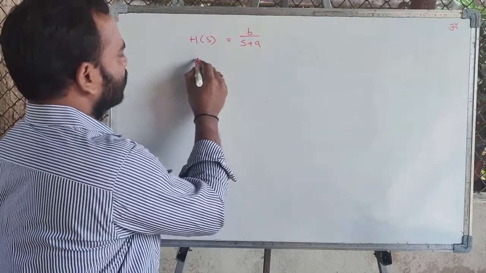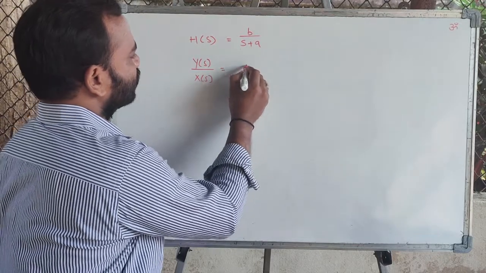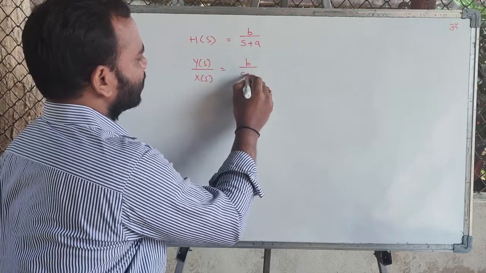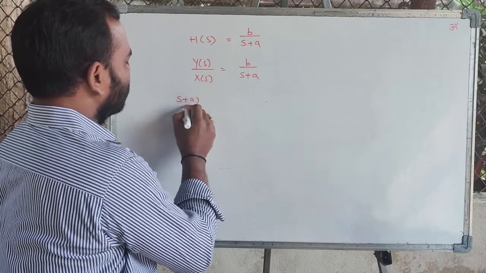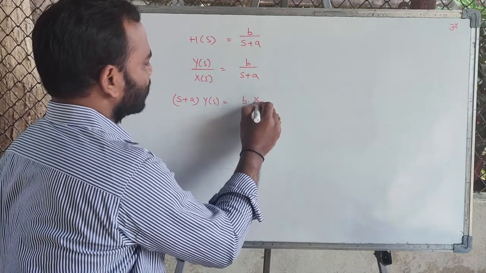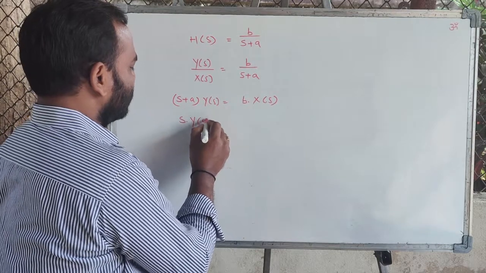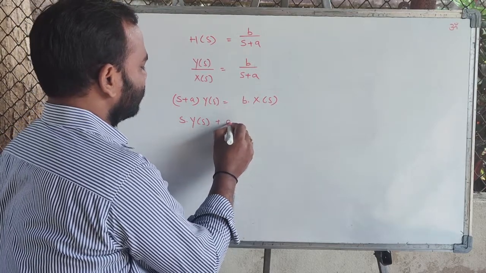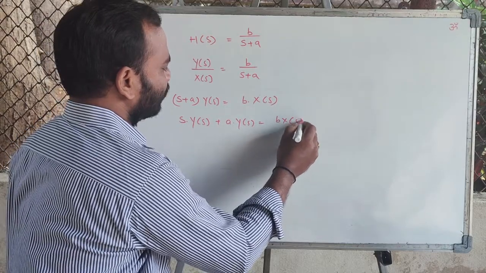Now Y of s by X of s is equal to b by s plus a. So (s plus a) times Y of s is equal to b times X of s. So this can be rewritten as s times Y of s plus a times Y of s is equal to b times X of s.